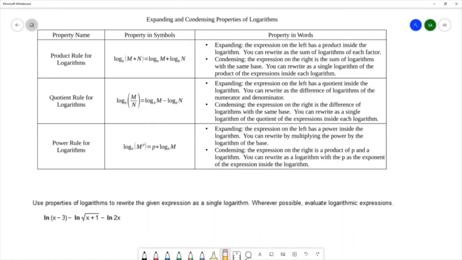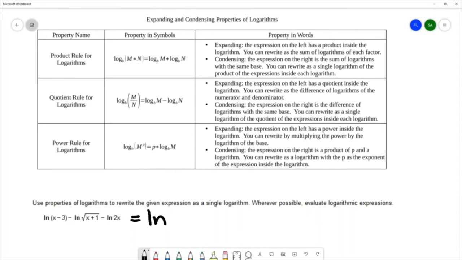And then the power rule is used whenever you have a coefficient that is attached to your log, and you're going to move that coefficient into the power. You can see that P is the coefficient on the right, but it is the power on the left. So these are the properties that we're going to use to simplify this and rewrite it as a single logarithm.